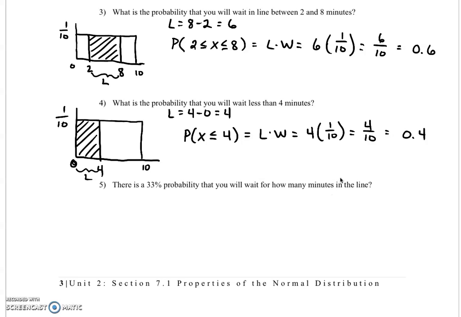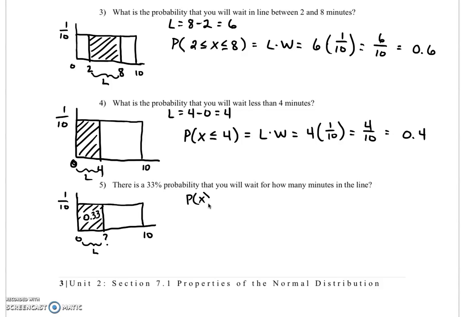Okay, there's a 33% probability that we'll wait for how many minutes? So again, draw our rectangle. Wow, that was a little bit wonky sided. It's okay. So we have something we don't know, but we do know that the area in here is 33%. So 0.33. So remember, the probability equals the length times the width.